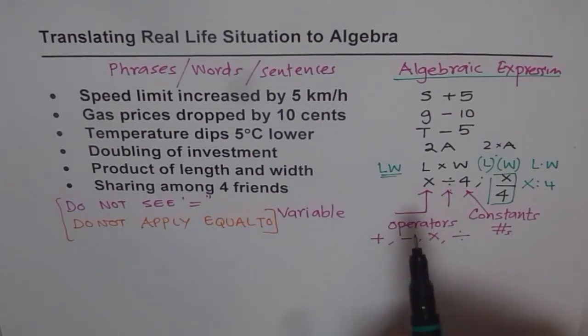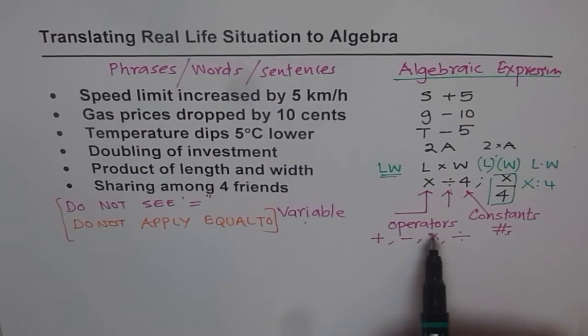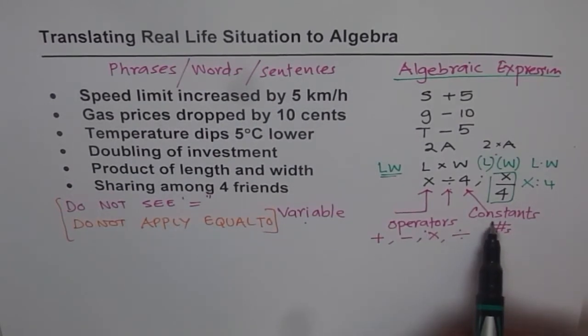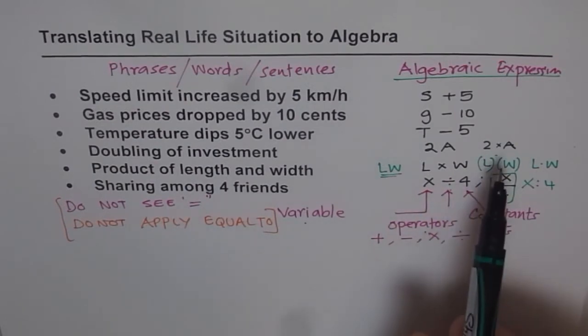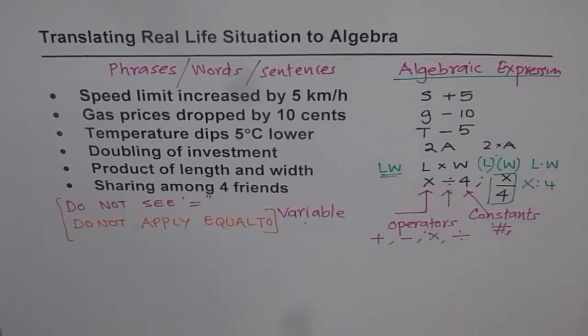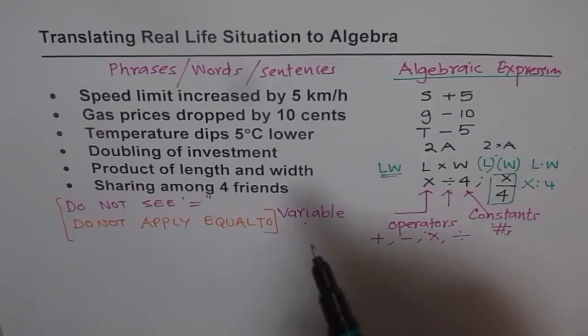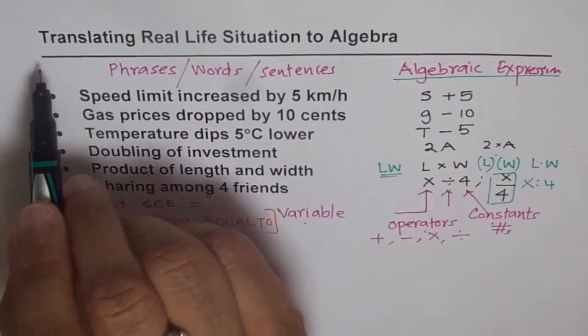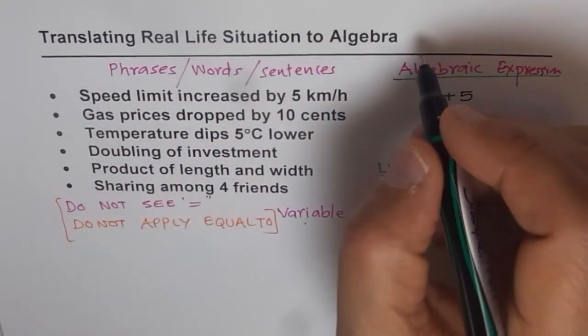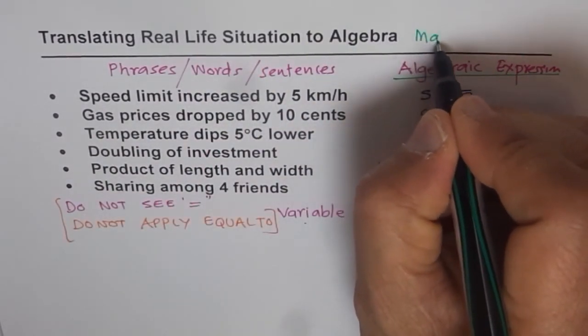Algebraic expressions will always have a variable, an operator, and constants, right? But it will never have the equal to sign. And it is a very powerful way of representing a real life situation in mathematical terms; we call this, in a way, mathematical language. So translating real life situations into, I should say, mathematical language.